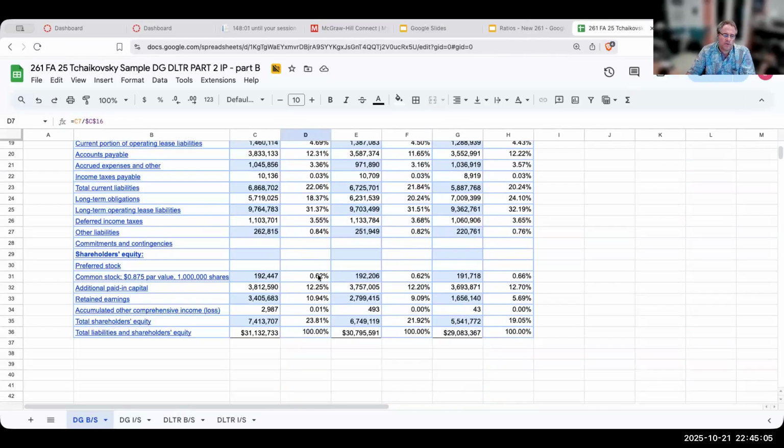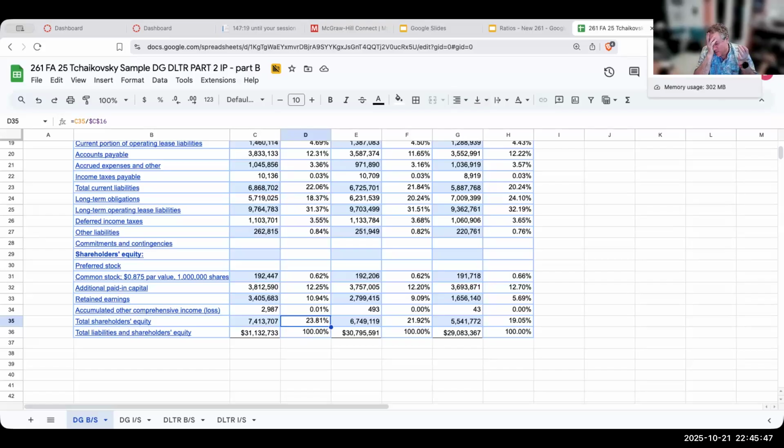Coming over here, the total liabilities, I always love it when they don't break this out. If the shareholders' equity is about 23%, or let's call it 24%, that must mean that roughly 76% of Dollar General's total assets are funded by liabilities, so they're leveraged by about 76%.